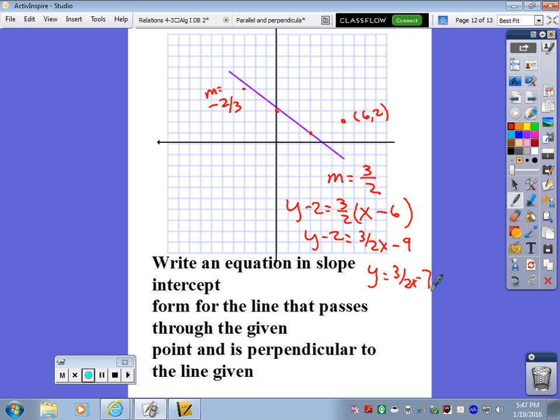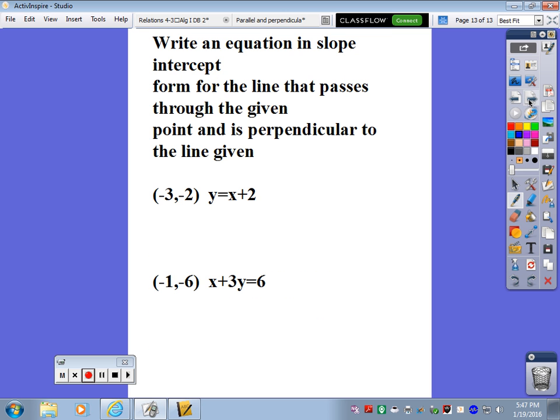And so let's see what that looks like. 1, 2, 3, 4, 5, 6, 7. 1, 2, 3, 1, 2. Okay, and this one ends up going up like this. Okay, so as you can see, they do cross perpendicular to each other.